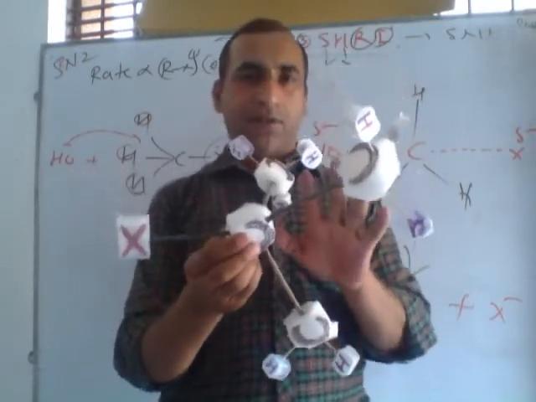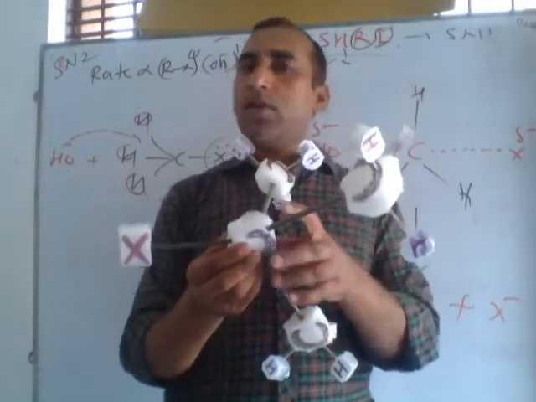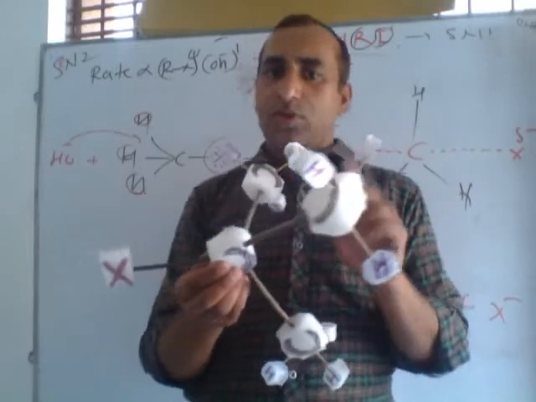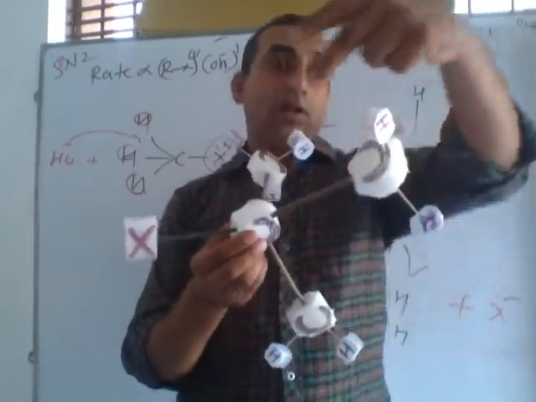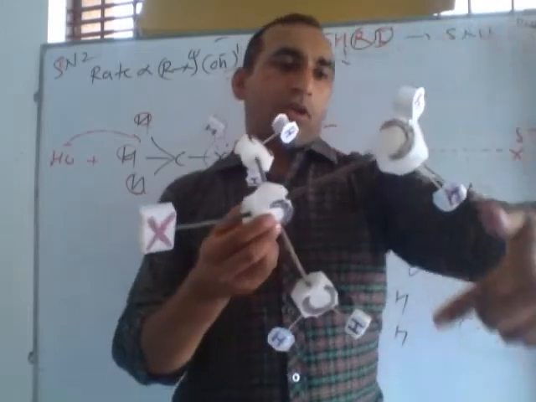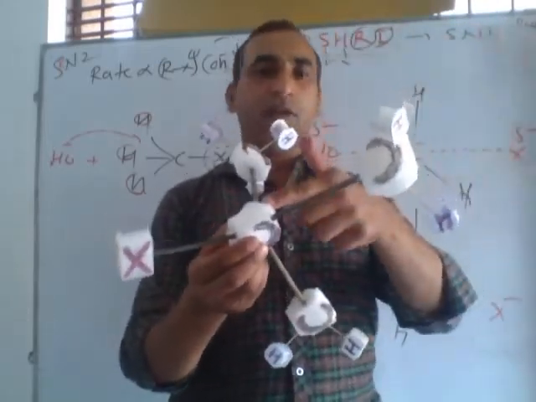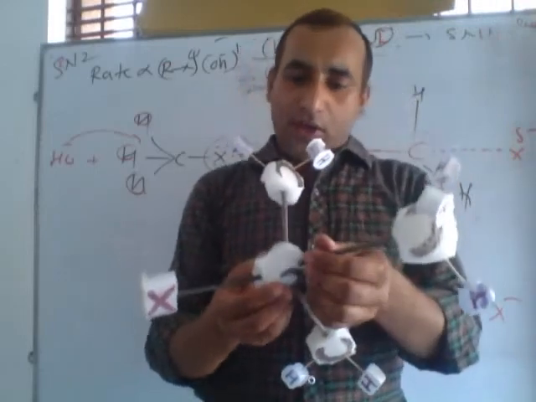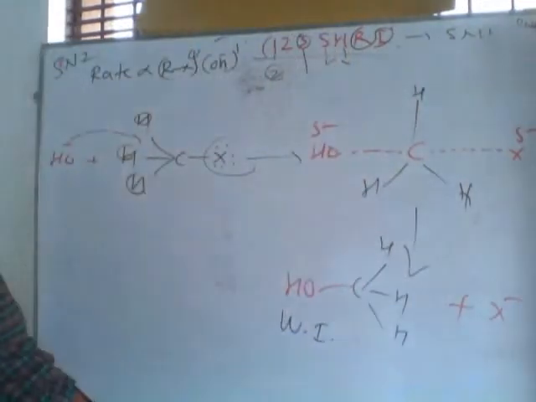This is tertiary RX, and tertiary RX is not preferred for SN2. This compound will give an SN1 reaction. This is because it is more steric, with CH3, 3 bulky groups connected around this carbon, so this is more steric.